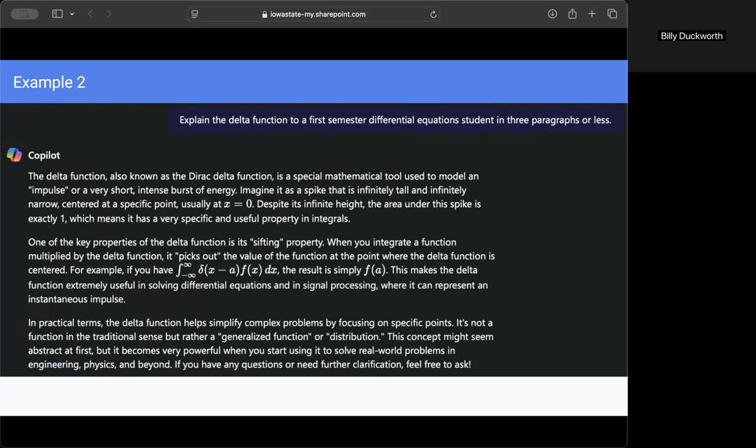Then it'll write it like this, and it gives us a lot of the same information from the first one, but skips over the representations that use more high powered math. And you'll notice that it's less in equations, more in just words. So it's more of a conceptual answer than just saying, here's how the thing is defined, and leaving it up to you to try to understand what those equations actually mean.